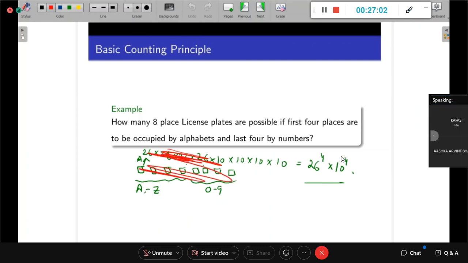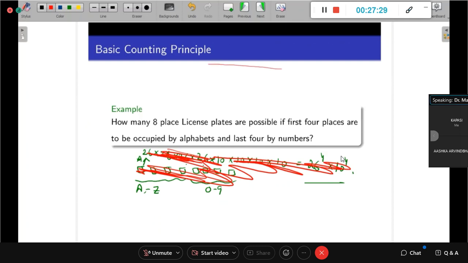How many 8 place license plates are possible if first 4 places are to be occupied by alphabets and last 4 by numbers? Okay, so you have 8 places on the license plate.